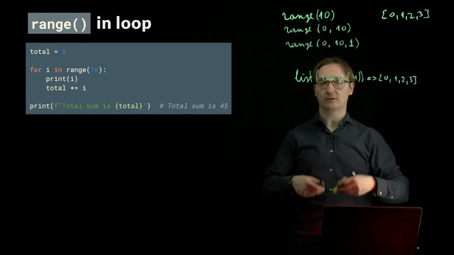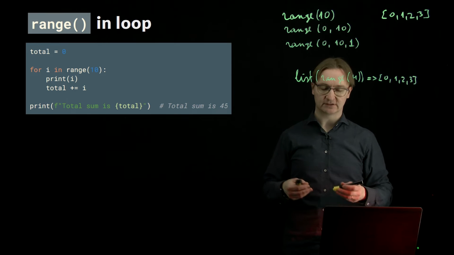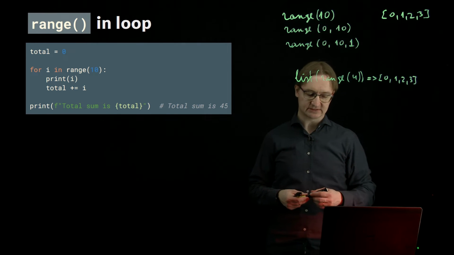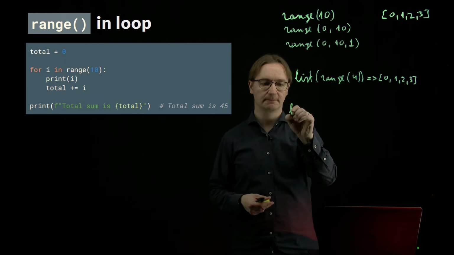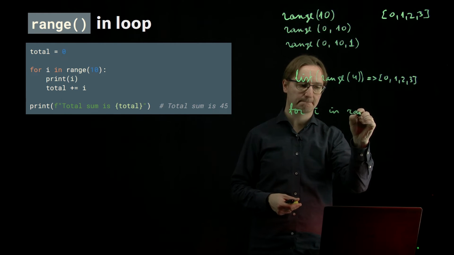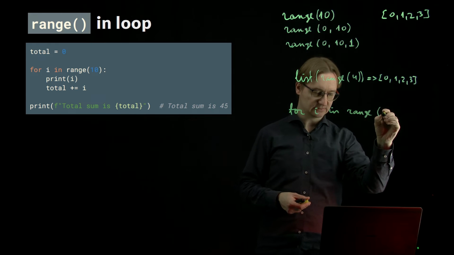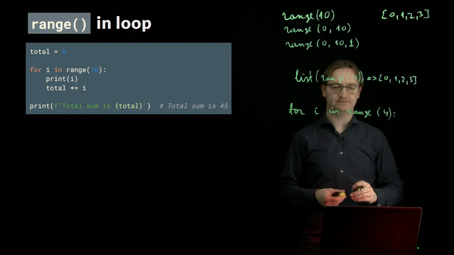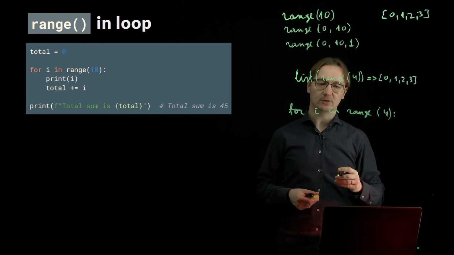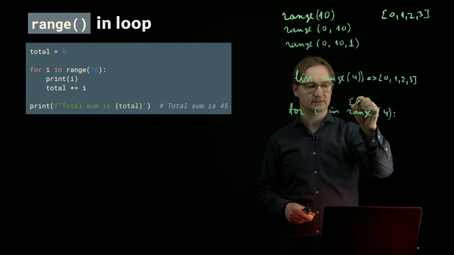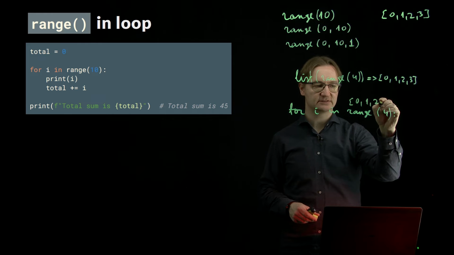And often we use the range function inside a for loop. Here is an example. If there is a for i in range, let's put 4 here, it's easier to go through. Now we could see it as if there would be a list of numbers.